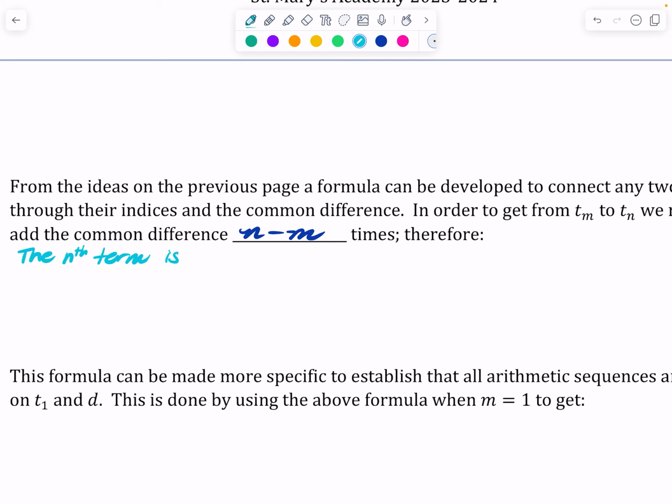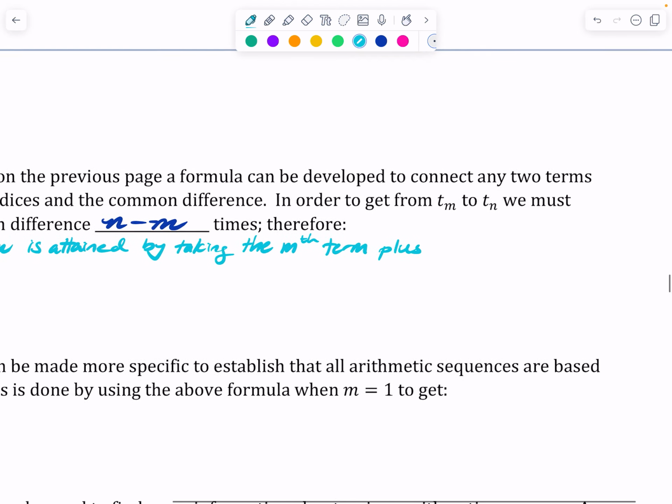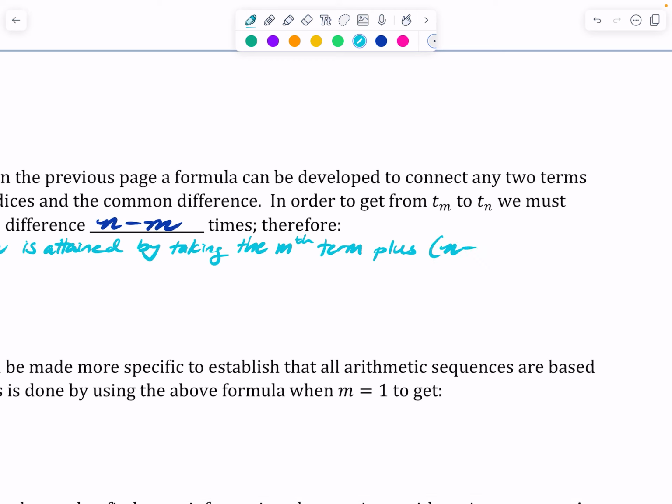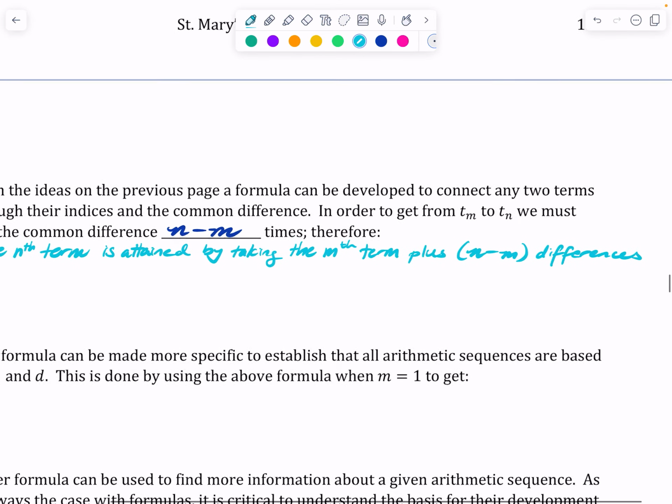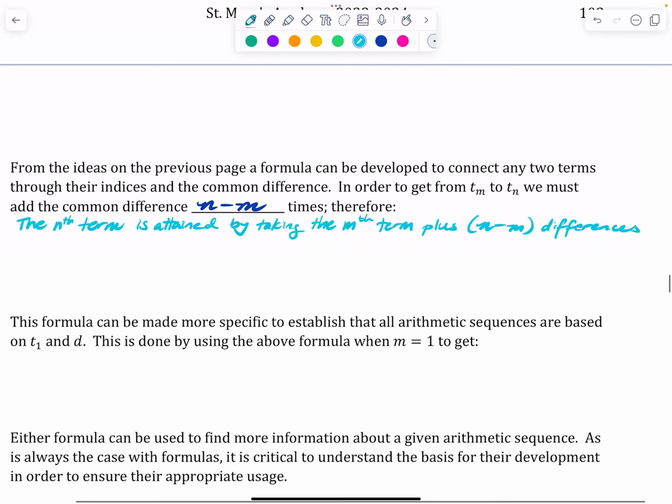And the nth term is attained by taking the mth term plus some number of differences, and that number of differences is n minus m. So that's the Englishy sentence, the logic behind the formula we're about to write down.